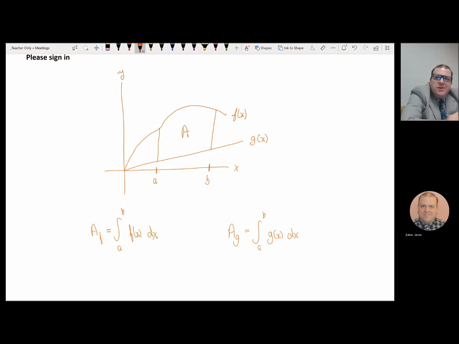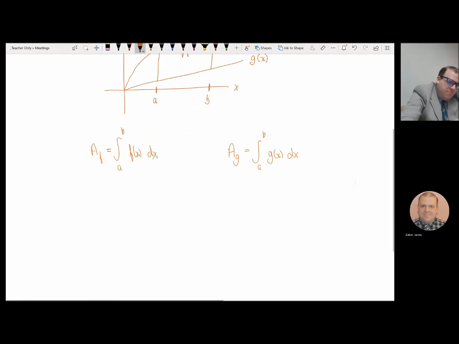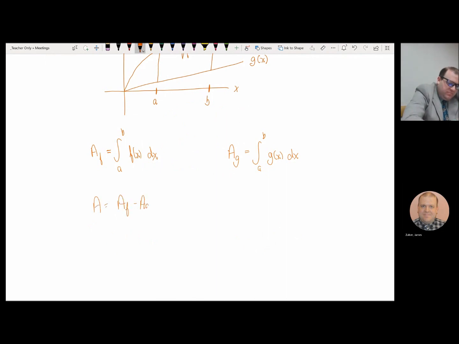Well, isn't the area in question the area under f minus the area under g? Right?